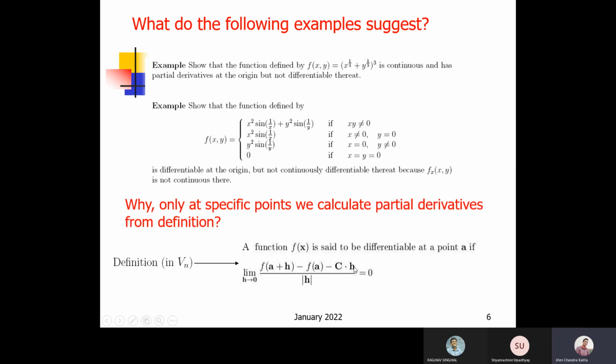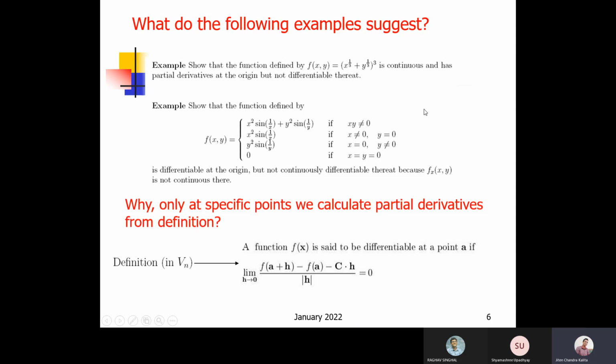And H is a small increment, again a vector, having components h1, h2 up to hn, and C is going to have components c1, c2 up to cn, and it is a constant vector. So this is the definition for a function of more than two variables, if you want to see the differentiability. But we will be interested in a function of two variables only for the time being.